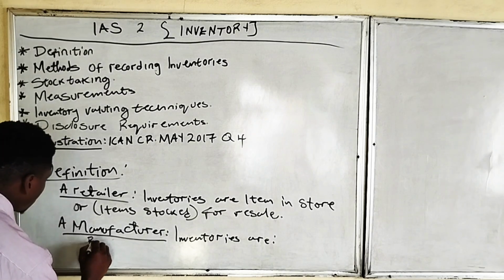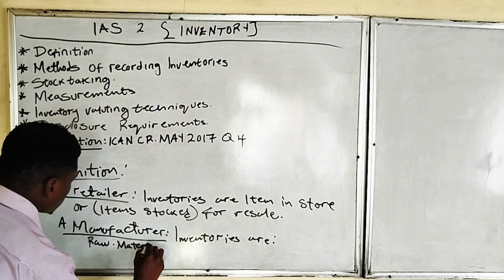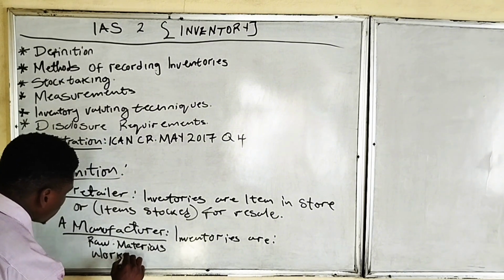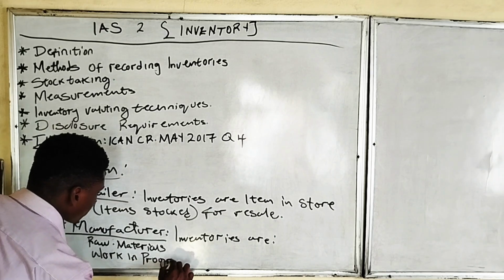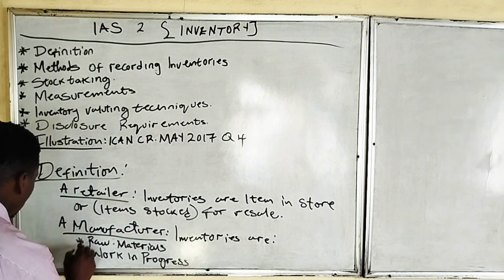We have the raw materials, the work in progress, and the finished goods.